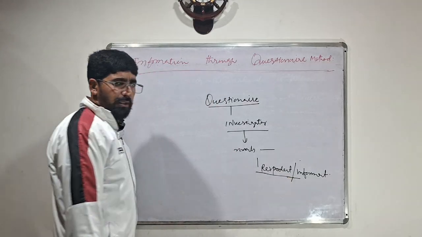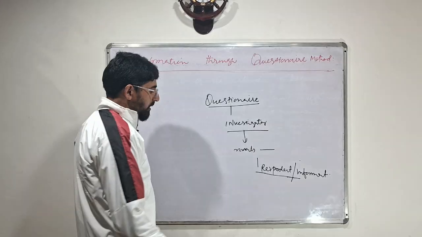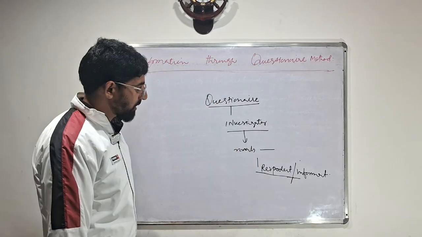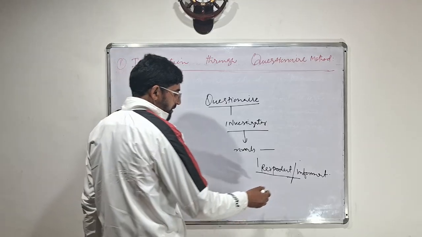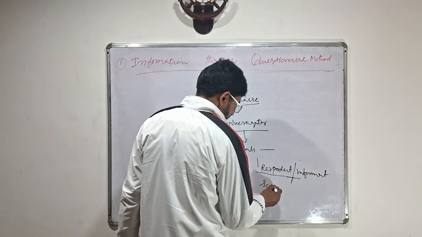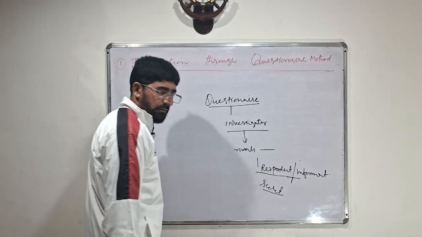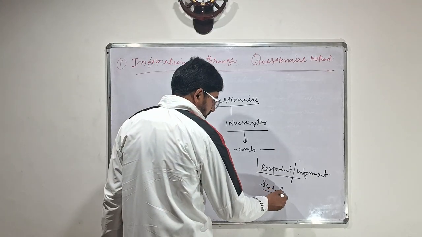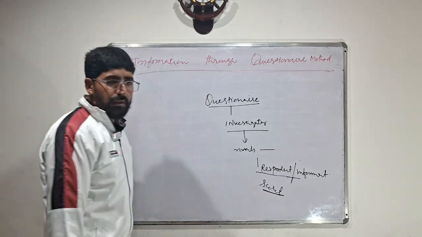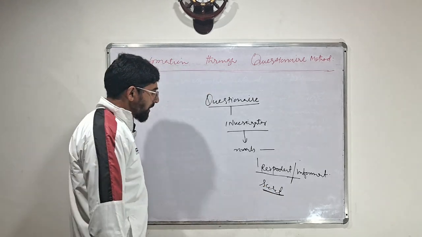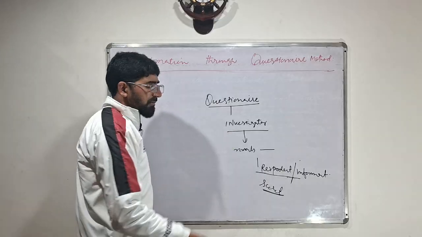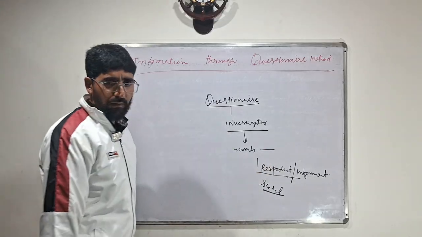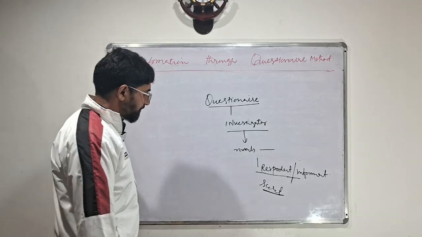But it has to be kept in mind, while sharing the information with the respondent or informant, that the information is kept secret. It should not be shared with others. Means in the questionnaire method, the questions are framed by the investigator and mailed to the respondent, and the respondent has to reply and provide answers to these questions.